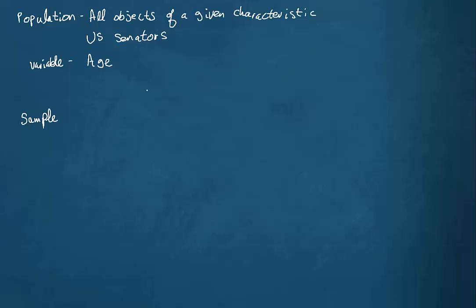And it wouldn't be very difficult to acquire all of the data values associated with that variable. I'm sure that we could do a Google search that would very quickly return web pages that would list the ages of all of the U.S. senators. So that is population data that would not be difficult to get.